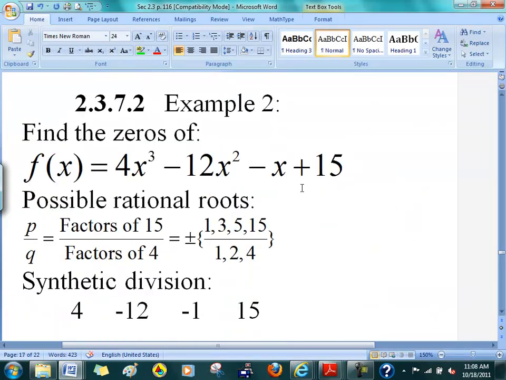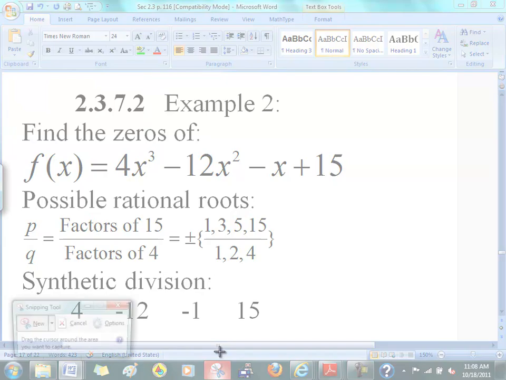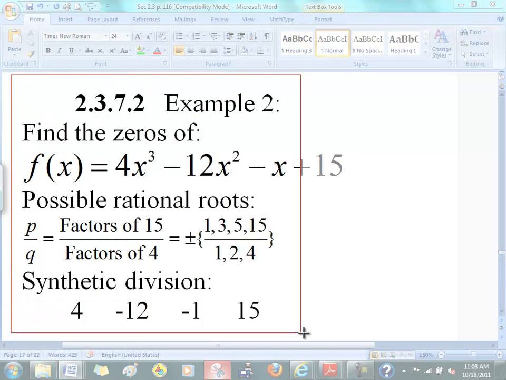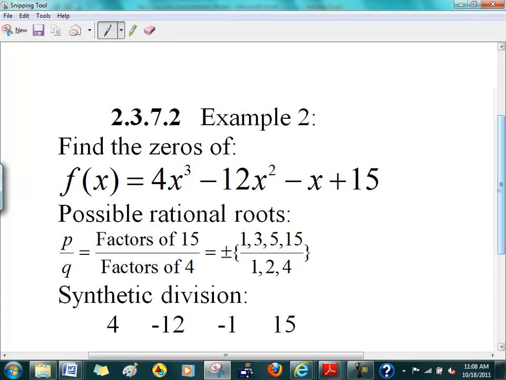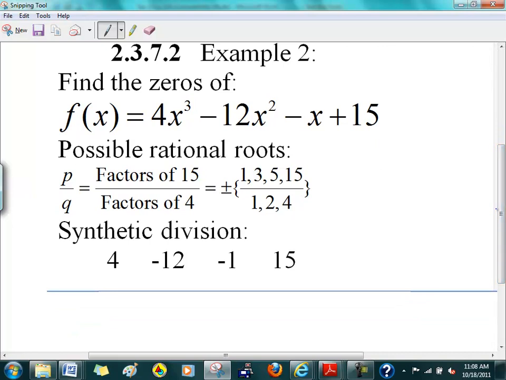Okay, another example. The rational root theorem tells you that if there are rational roots, it will be one of these numbers in here: plus or minus 1, 1/2, 1/4, 3, 3/2, 3/4, and so on.